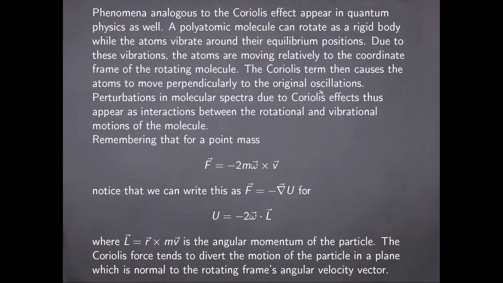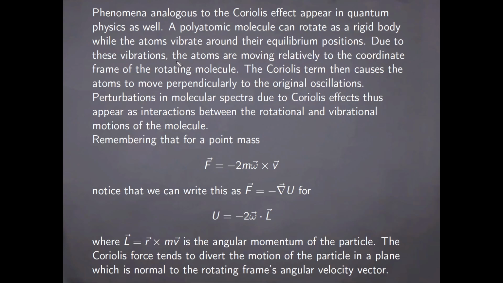It turns out that Coriolis effects are relevant not only for classical physics but also for quantum phenomena. As a first example, consider the case of polyatomic molecules, which can rotate as a rigid body while the atoms vibrate around their equilibrium positions.